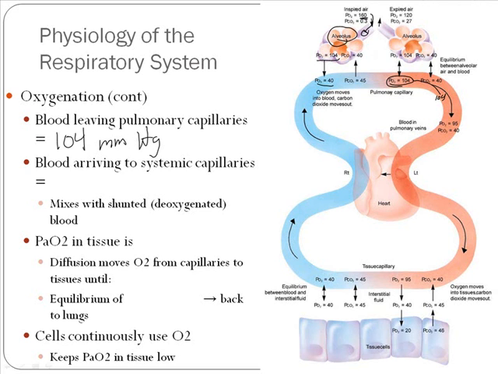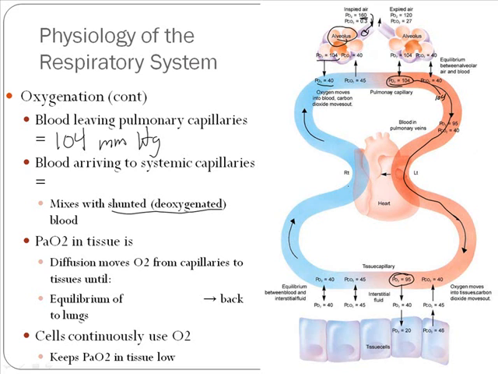Unfortunately, as the blood travels through the cardiovascular system, down through the heart and out to the rest of the body, you also have lots of mixing with shunted blood or deoxygenated blood as it's going out to the tissues, which means by the time the blood reaches the capillary bed, you are no longer at 104 millimeters of mercury. You are now at 95 millimeters of mercury.